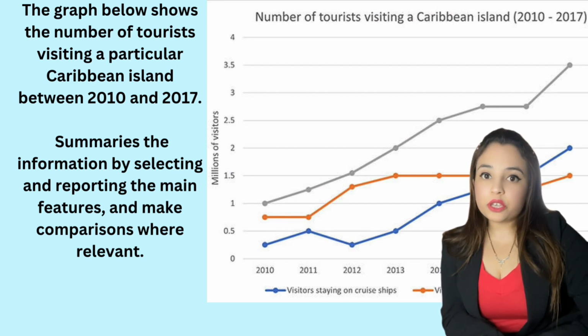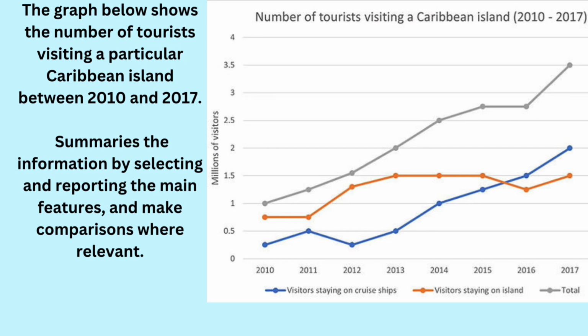Here you can see the question prompt is, the graph below shows the number of tourists visiting a particular Caribbean island between 2010 and 2017. And the summarizing part is, summarize the information by selecting and reporting the main features and make comparisons where relevant.